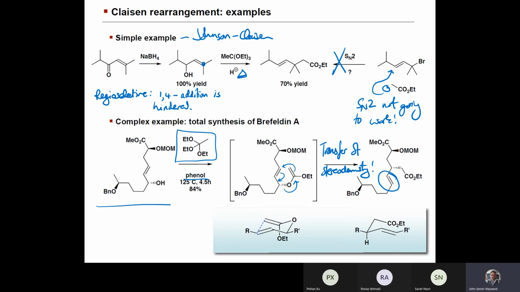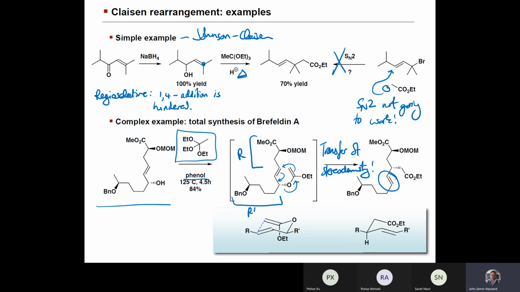Okay? The reason that this works is that when we draw our molecule in a chair transition state structure, I'm going to call this bit here R, and this bit on the side here R prime.